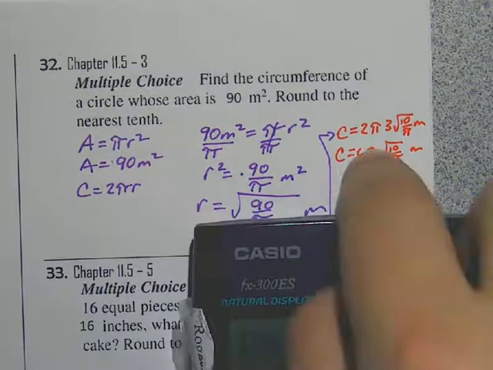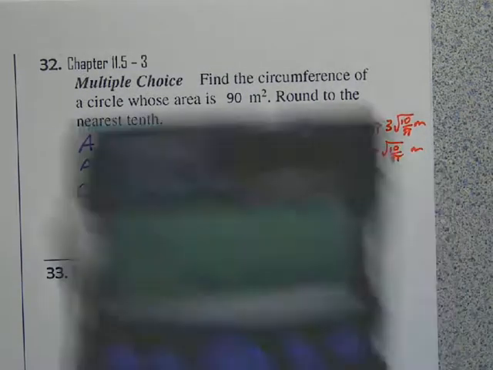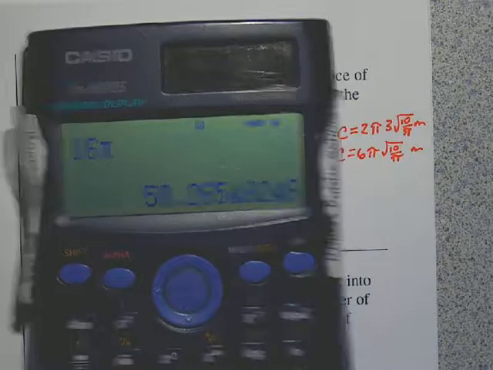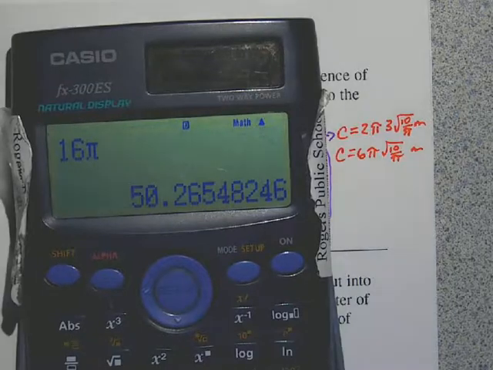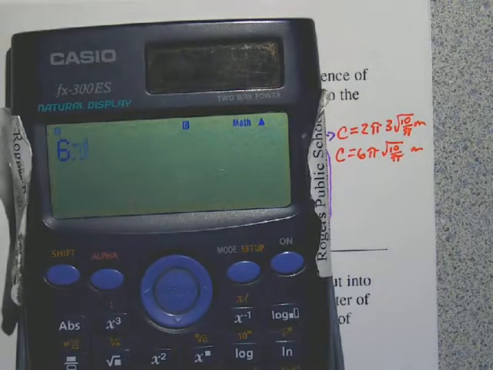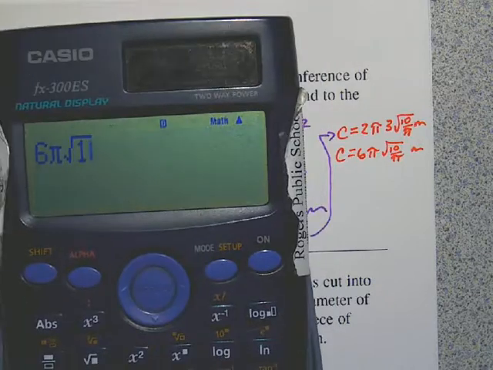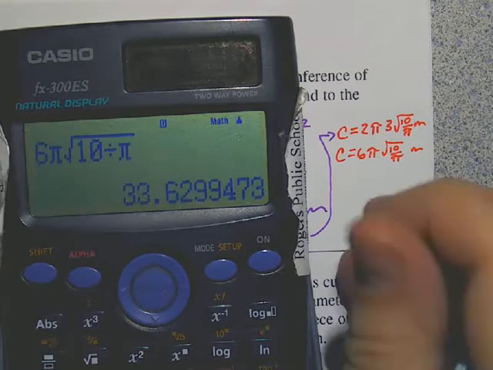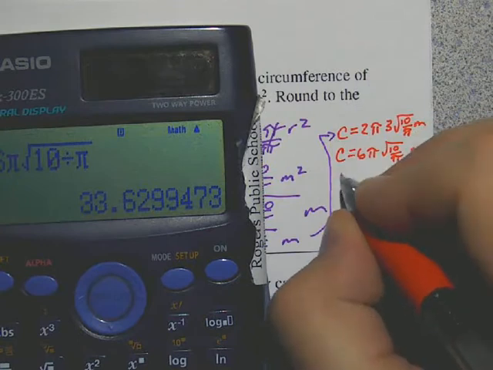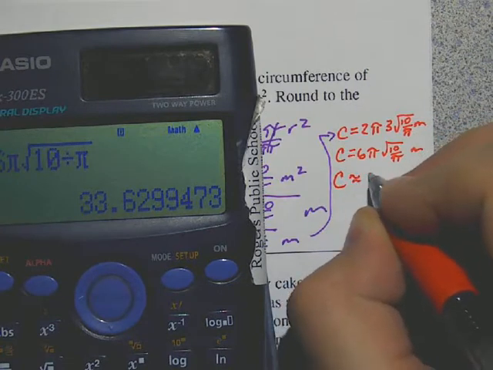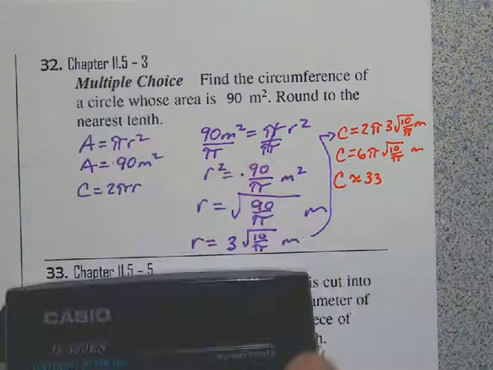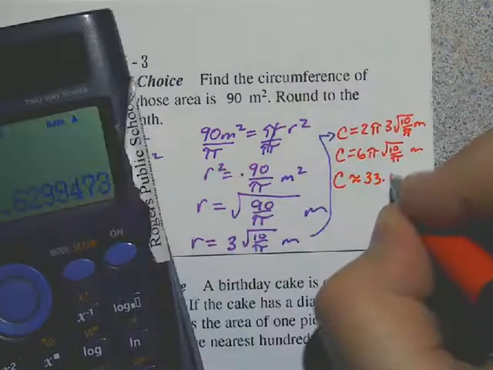Now, by doing this, I've kept all the rounding errors till the very end here. So this is going to be 6 times pi times the root of 10 divided by pi, and I'm going to hit enter there. 33.6. c is approximately 33.6 rounded to the nearest tenth.